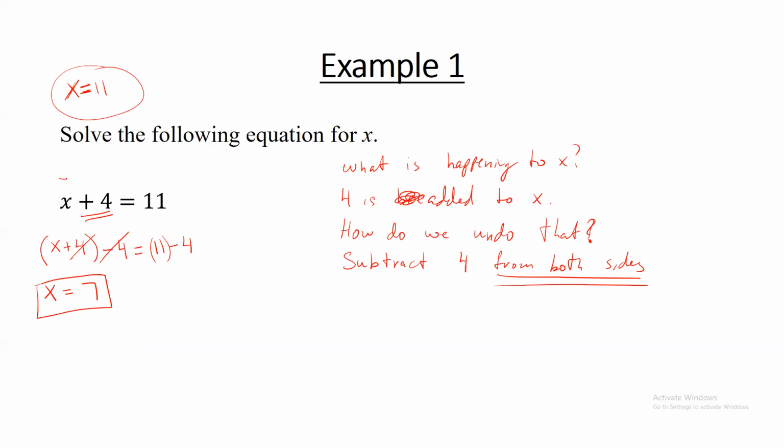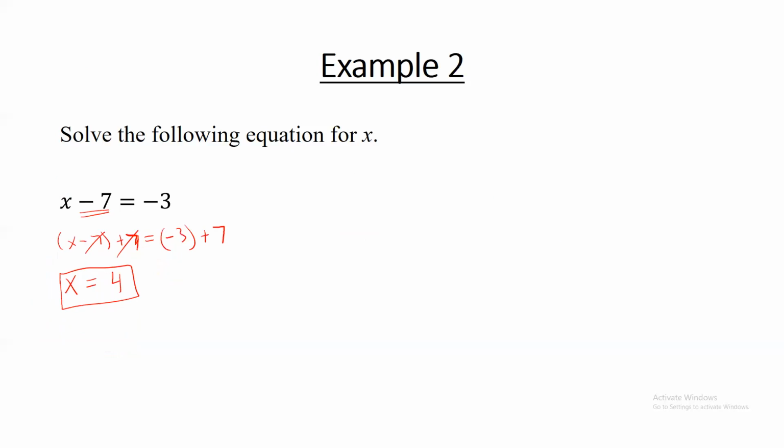If I plug 7 in for x, 7 plus 4 should equal 11, which it does, right? That is your check. Or here we said the answer is 4. Well, that must mean that 4 minus 7 equals negative 3, which, if you think about it, it does.